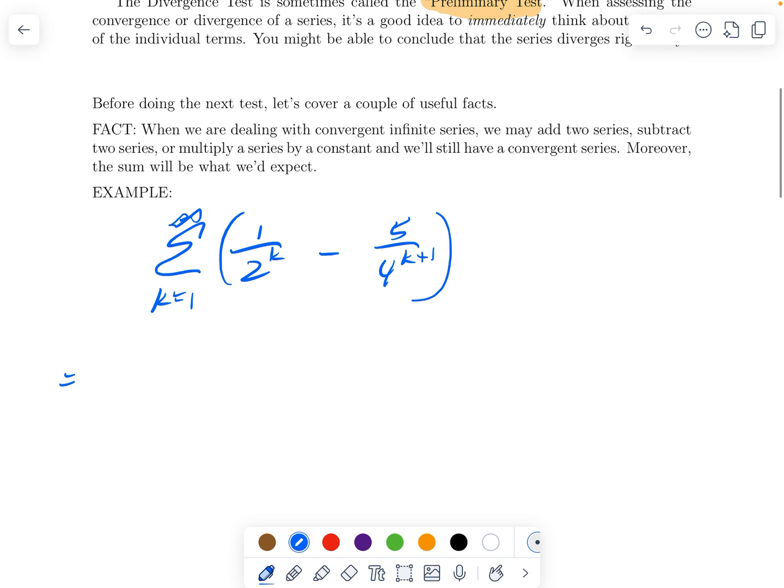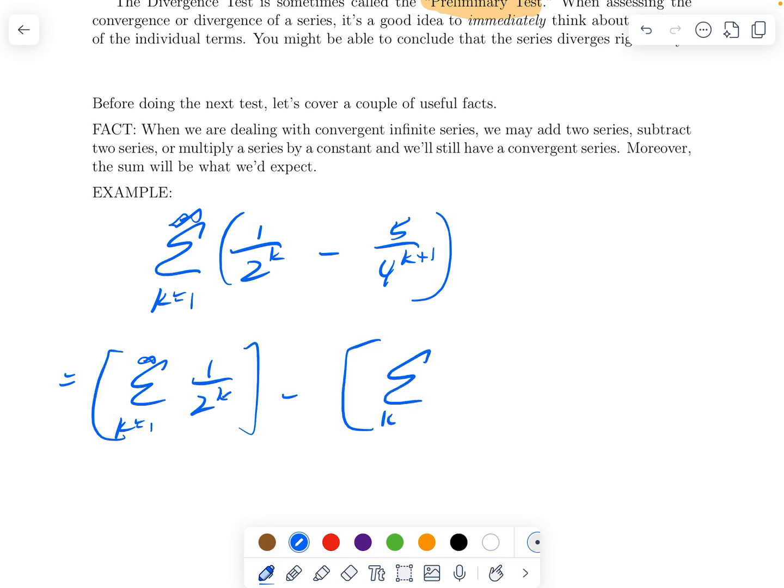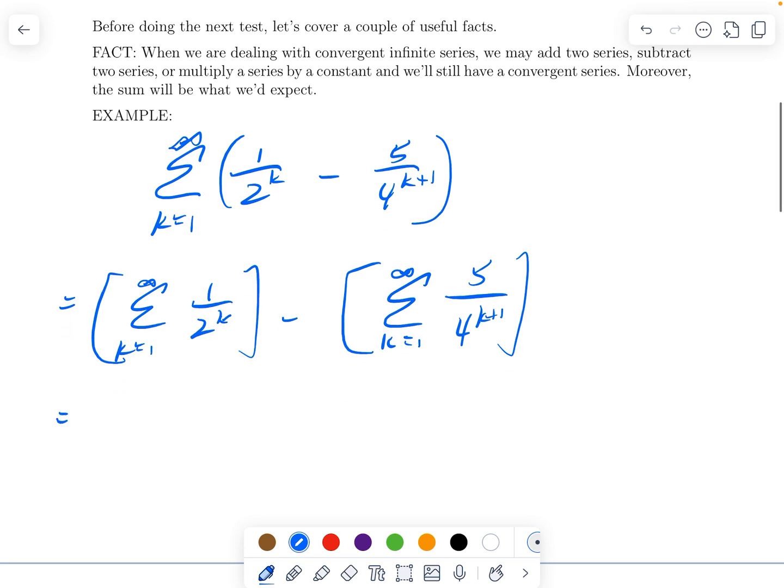Assuming these converge, and we'll figure that out, we're allowed to just break this up. We can do this series, and we can do this series. And it might be easier for us to figure out what's going on if we treat these separately. It's never a bad idea to write out some individual terms to get a feel for what's going on.